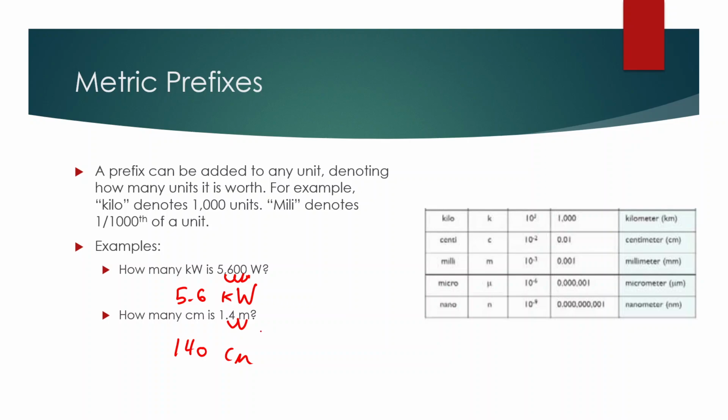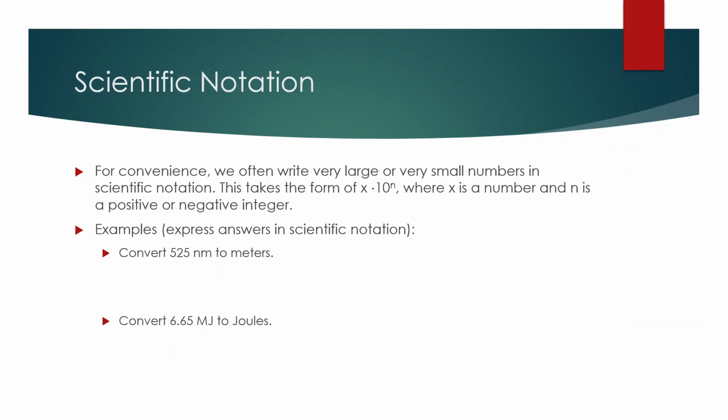So, moving right along here to scientific notation. Oftentimes, especially when we're dealing with things like nanometers, really small, we can write very large or very small numbers in scientific notation, and that is really just a convenience thing. Numbers that are very large or very small have a lot of zeros or potentially a lot of leading zeros.